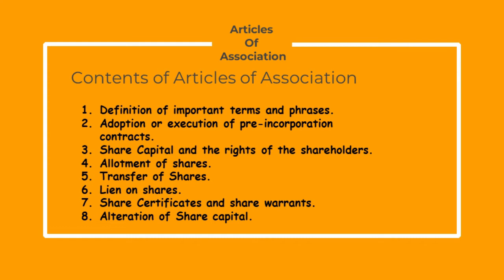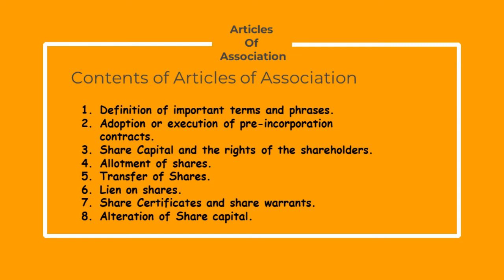If you remove these restrictions in the articles of association, it is a public company. So, the articles of association of a private company must also contain three statutory restrictions. Statutory restrictions means restrictions that have been imposed by the Companies Act. Number one, restriction on transfer of shares. Remember, a private company cannot freely transfer the shares.